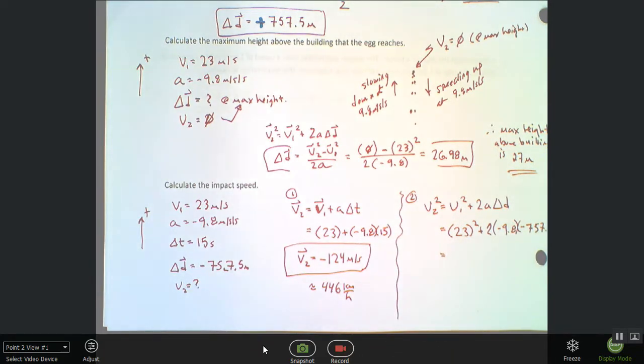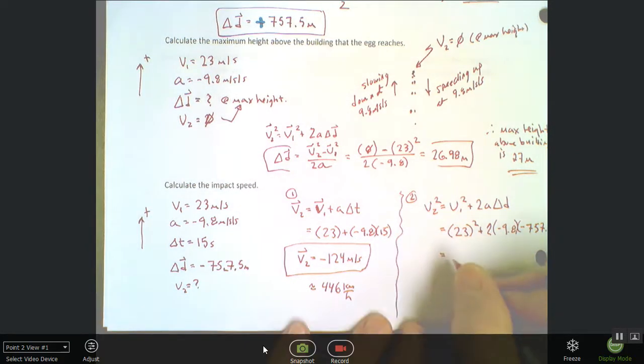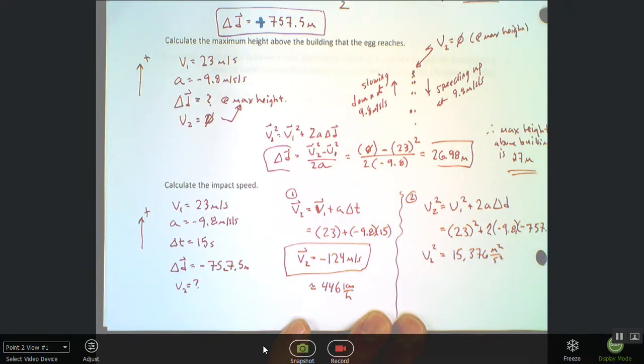Now, if I put this in my calculator, I get that V2 squared is equal to 15,376 meters squared per second squared. Notice it's the wrong units, and that's because it's velocity squared that we have.